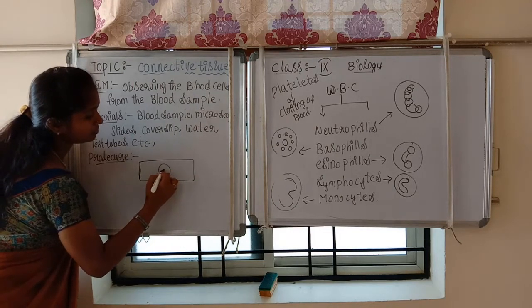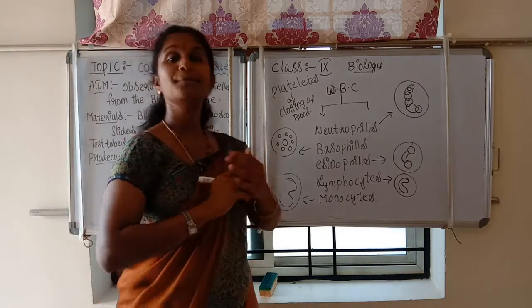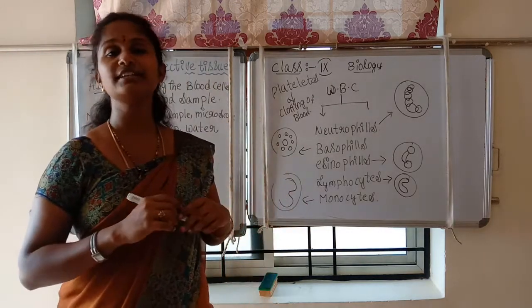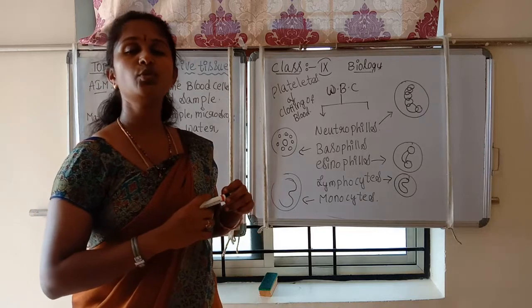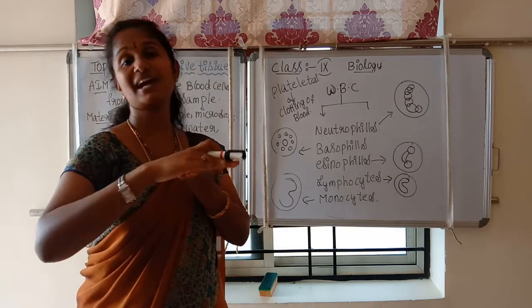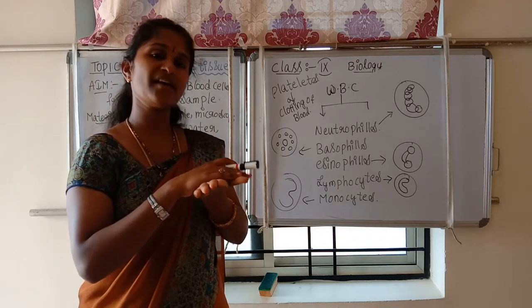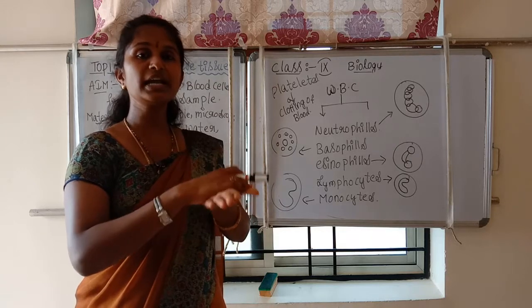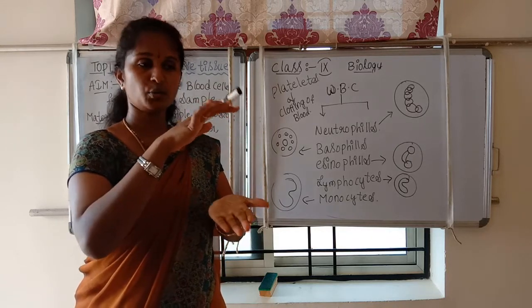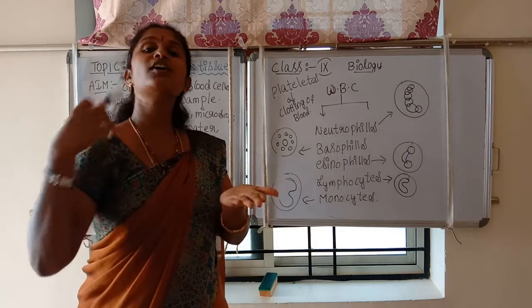Okay, yes. At that time, now you place it here. A drop of blood, a smear, just a mark, patch like, and view under the microscope. When you move under the microscope, you need to cover it with the help of a cover slip. Why am I telling this? You may not know whether that person has any infection. If that blood has any virus infection, that virus can spread to our body.